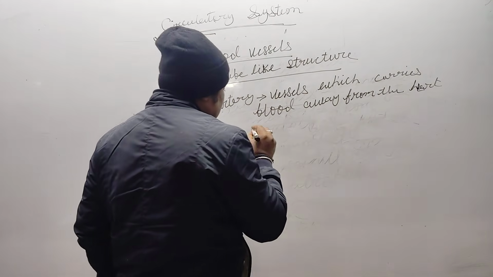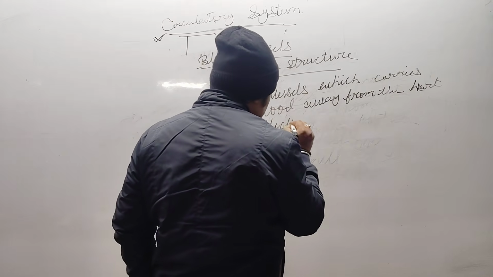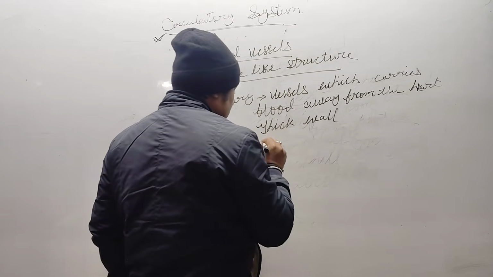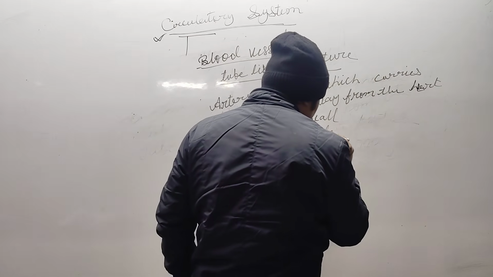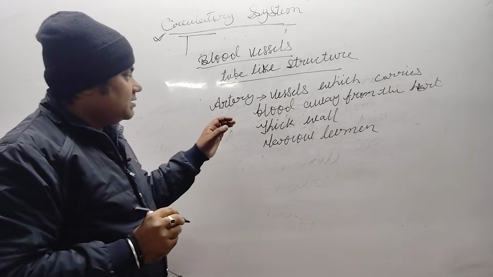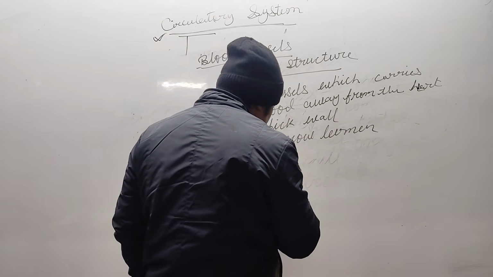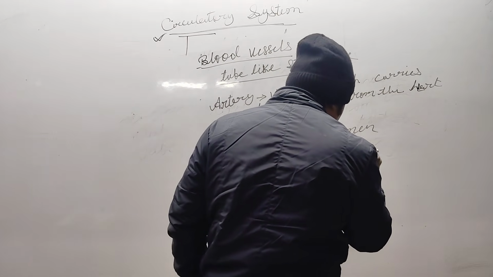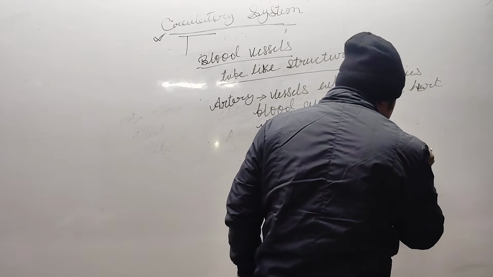If we talk about the artery, it has a thick wall and a narrow lumen. With arteries, the flow of blood is very fast.